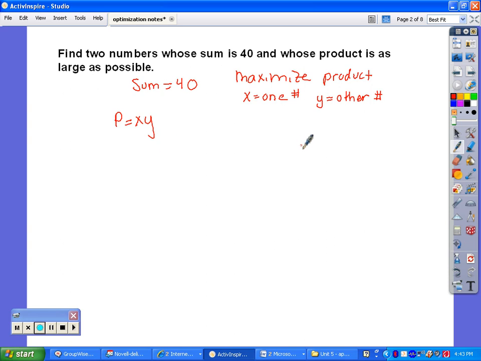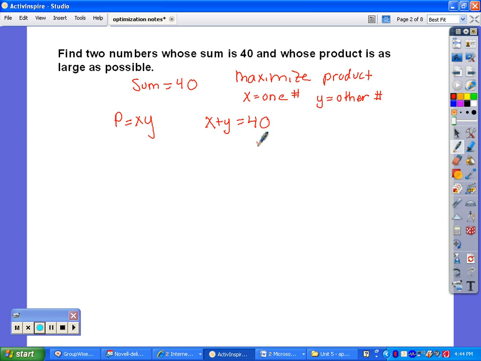Then step 3 says make a second equation with the constraints given in the problem and then get the equation in terms of one variable. We know the sum has to be equal to 40. So the sum of these two numbers would be x plus y, and that has to equal 40. That's my constraint formula.